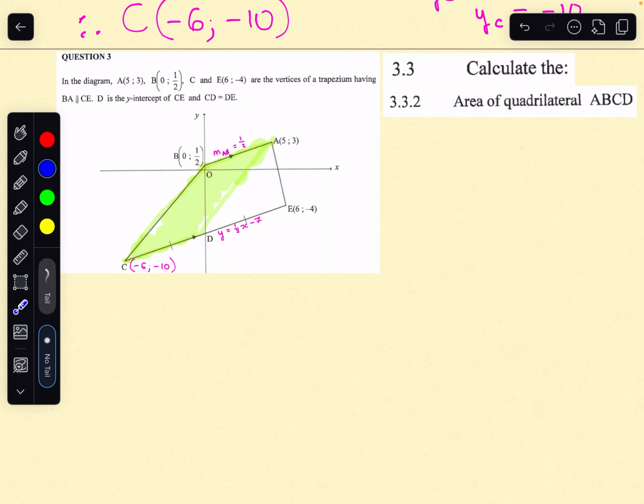Honestly, maybe that's the least obscure. So I'm inclining to go that way. I think I'm going to work out the area of triangle OCD and the area of triangle ODA. And we don't even need these to be right angled triangles. It's kind of looking like they're not.